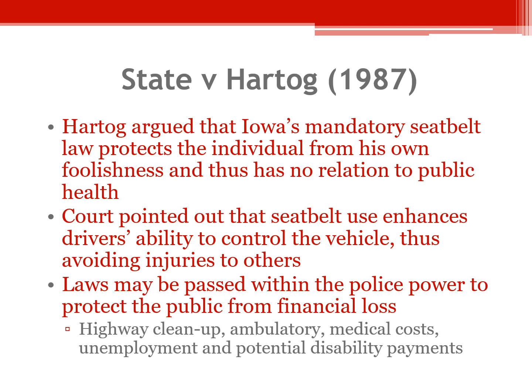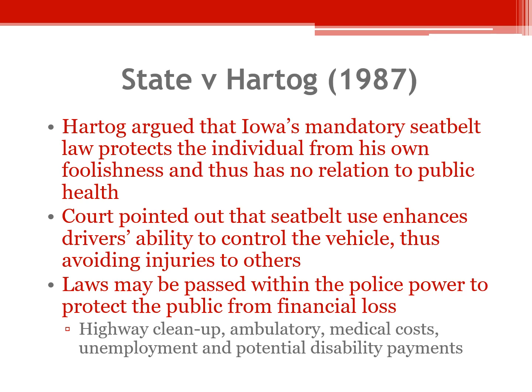And in fact, the interpretation of this decision and subsequent decisions has been that you can pass a law within the police power of the state to protect the public from financial loss, not just from infectious disease or other things like that. So if a person, for example, is in an automobile collision and they're not wearing a safety belt, there can be a lot of additional costs incurred that might not have been incurred if the person was wearing a safety belt.